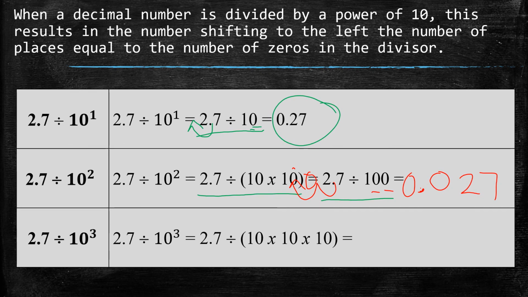We follow a similar process for 2 7/10 divided by 10 to the third power. We know that 2 7/10 divided by 10 times 10 times 10 is equivalent to 2 7/10 divided by 1,000, which is now going to mean that we're going to have to make 3 jumps because we have 3 zeros.